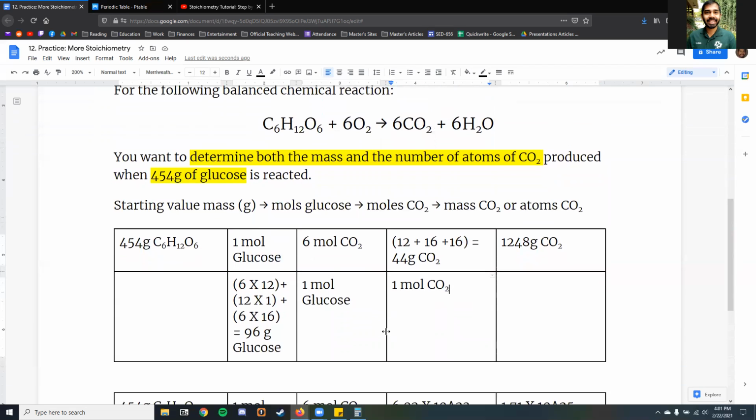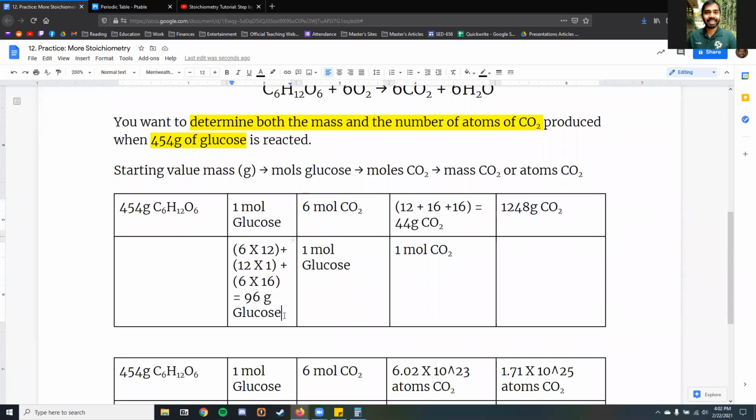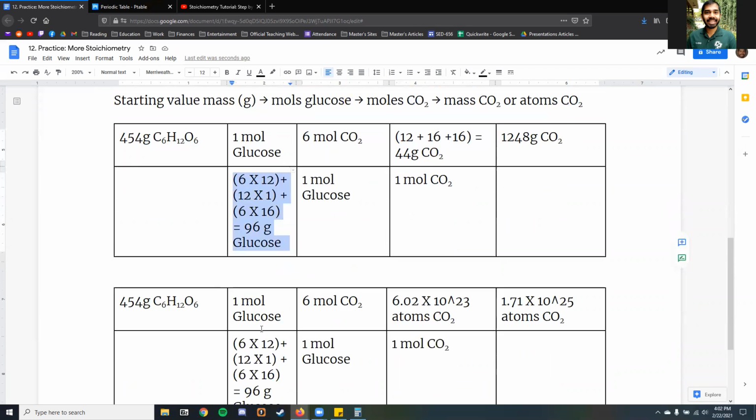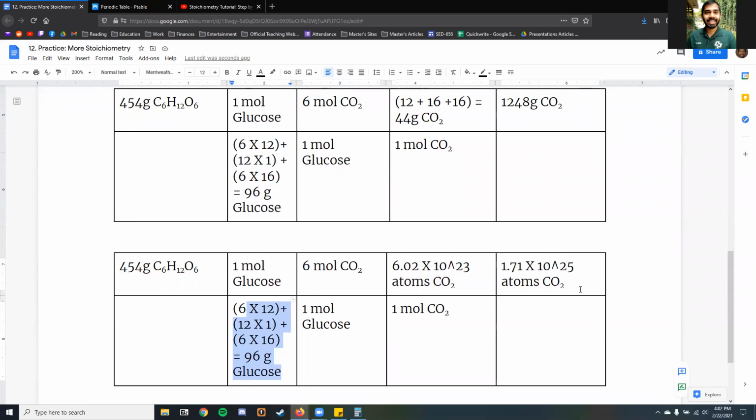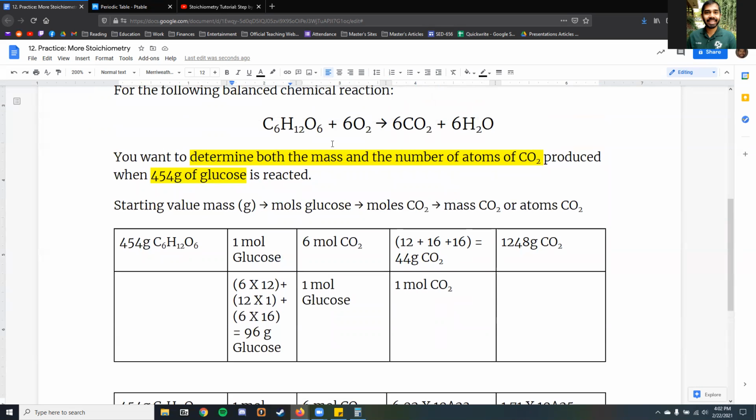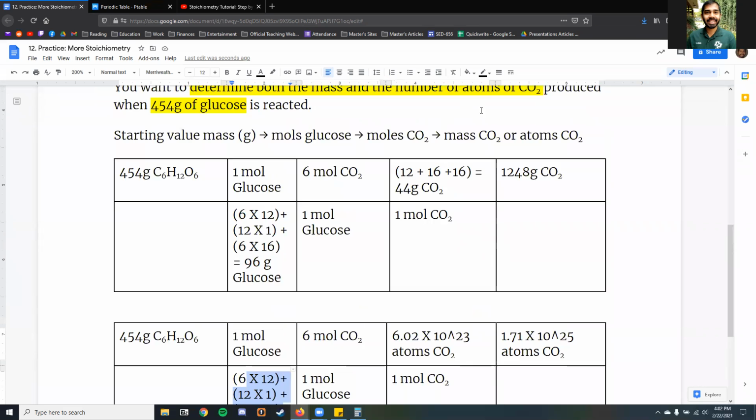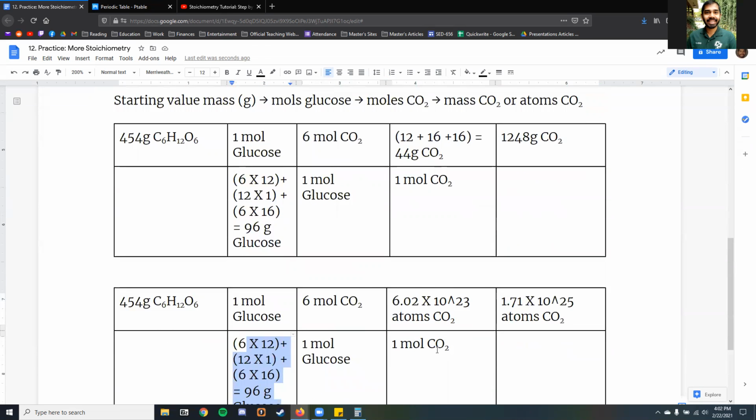Our middle step is always this conversion of whatever we started with to whatever chemical we want to end with. Before that, we got to have the mass, and that lets us get rid of the gram unit. And then afterwards, it's just depending on what we want. If we want mass, well, we put mass on top. If you want atoms or particles, you put the atoms or particles on top.